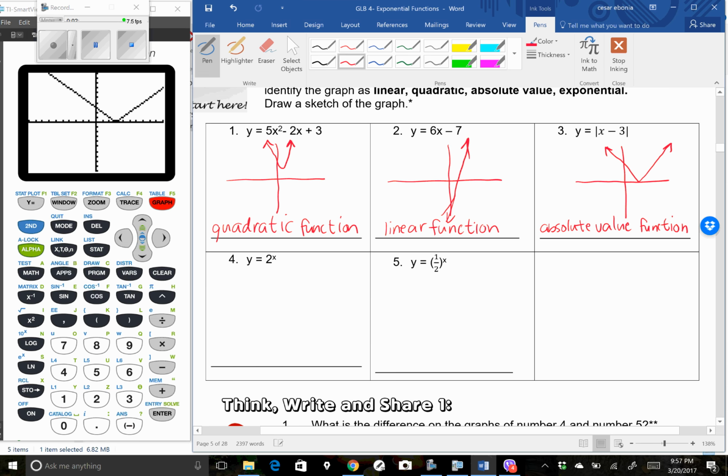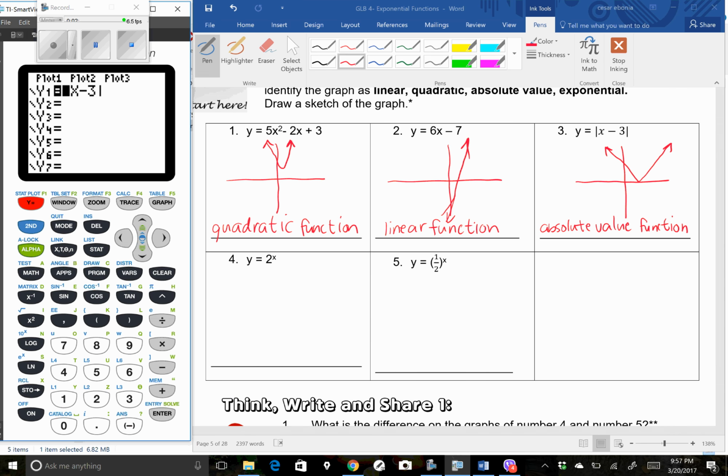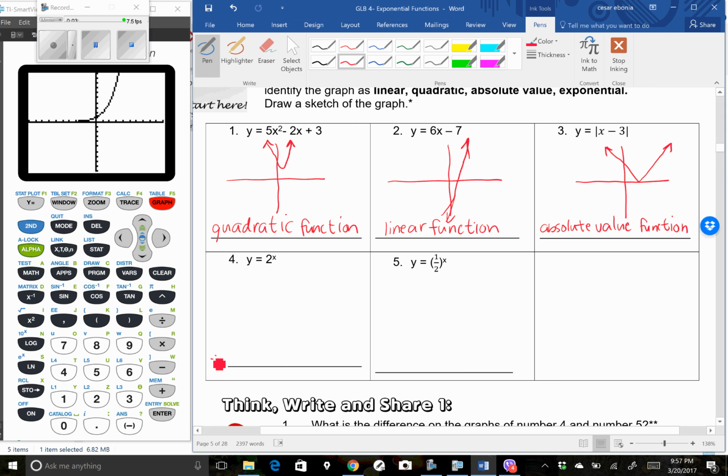Number 4, so we have here y equals 2 to the exponent x. Then press graph. The graph is a half curve, so we call this one an exponential function.